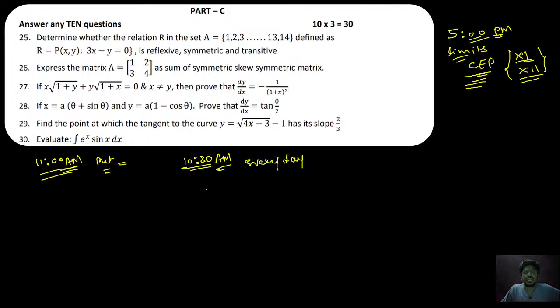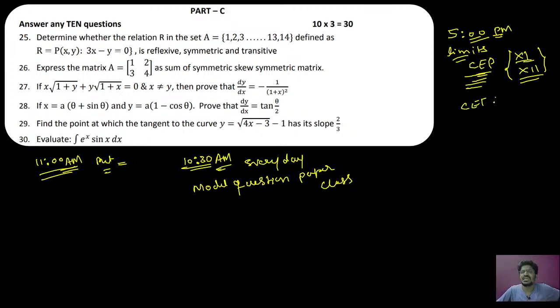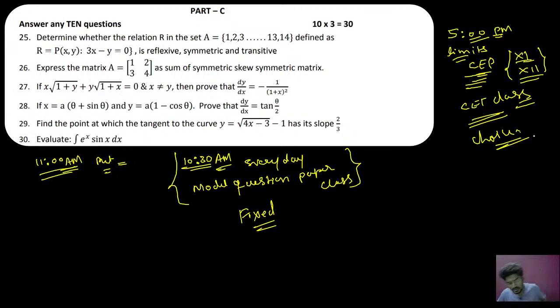This is your model question paper class. Okay. 5 p.m. is your CET class. So the CET class is your choice because all of you are very intelligent in CET. All of you have studied so much. So this is fixed. Okay, this is your choice. Clear?